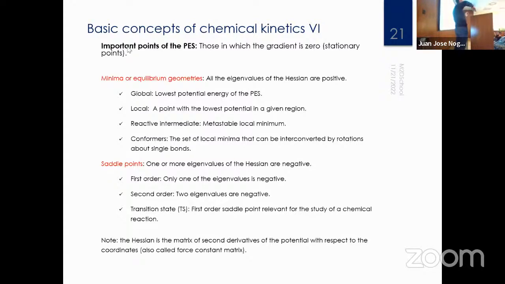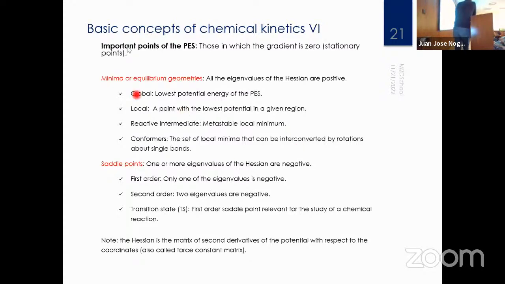You don't need all the information for all points in the path. You only need information on the stationary points, those with gradient 0, which are the minima and the transition states. That information is enough, assuming the statistical conditions are fulfilled. And we'll talk about that in a minute.